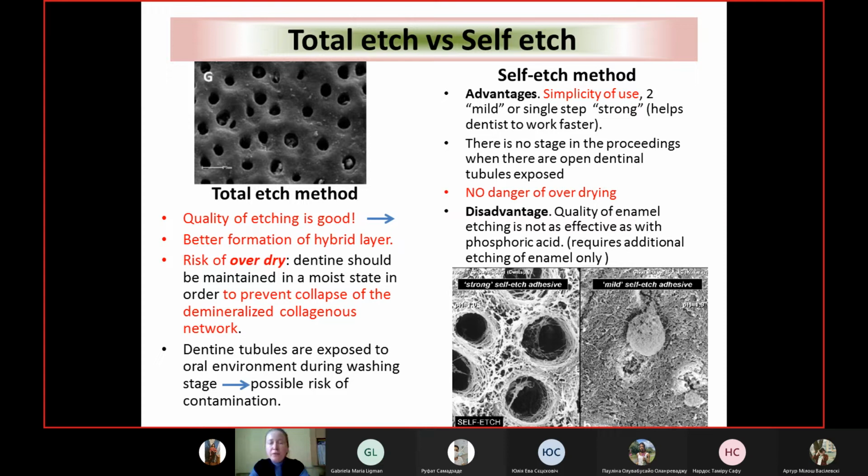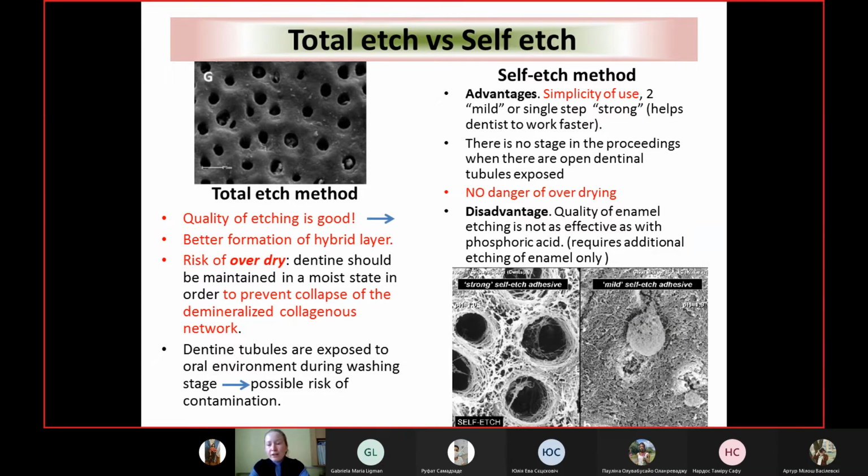Excuse me, I was wrong. So 2 steps is a mild self-etch adhesive, that is the 6th generation, and single step is a strong self-etch adhesive, that is the 7th and 8th generation.